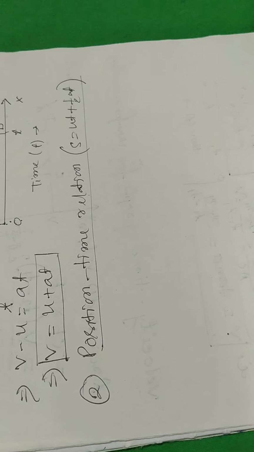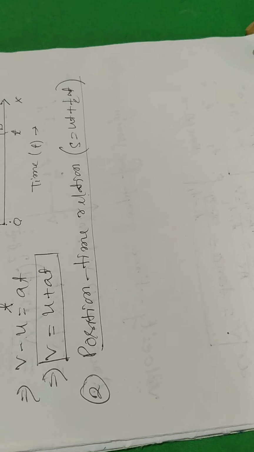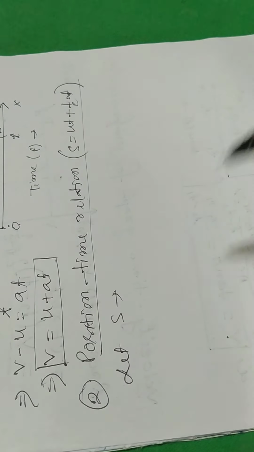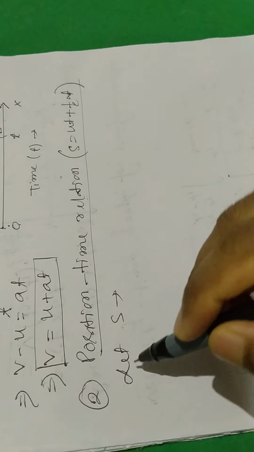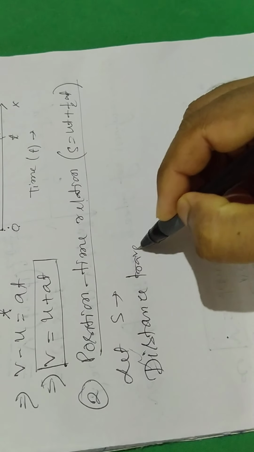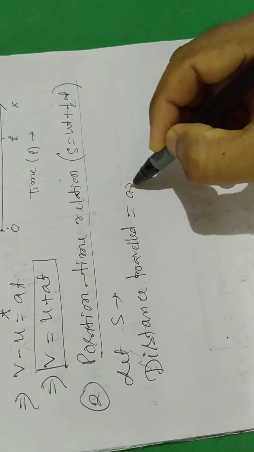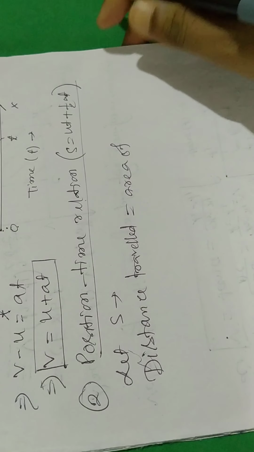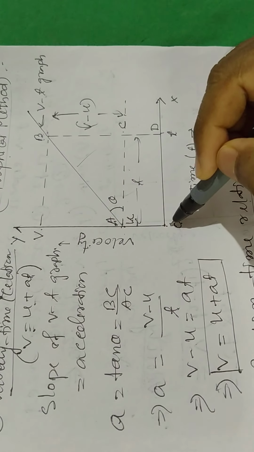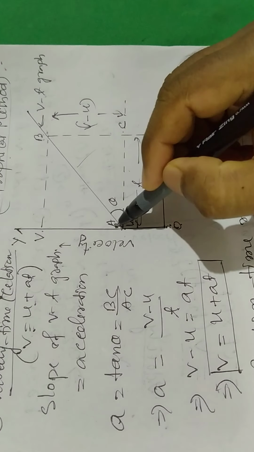So we know that the distance traveled by a particle in the given time interval is equal to the area under the velocity time graph. Let S be the distance traveled by the particle in time t, then the distance traveled is equal to the area of OABD. You see the diagram?